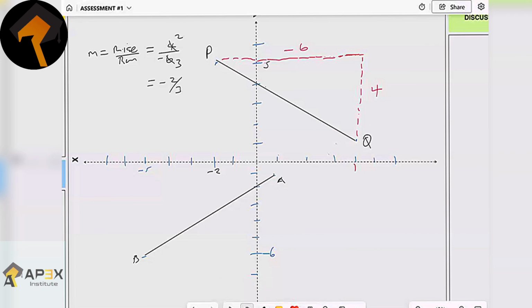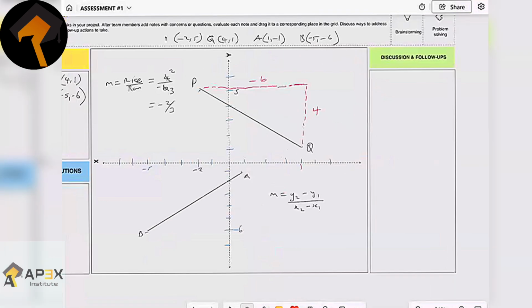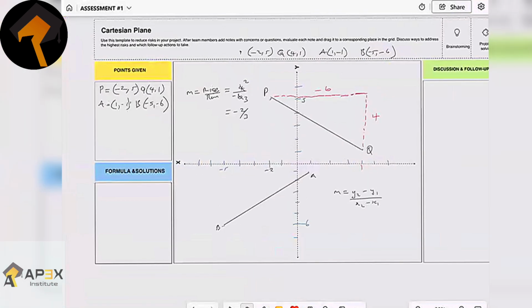All right. So for this one, I'm just going to use the formula here. So the formula then is going to be m is equal to y2 minus y1 over x2 minus x1. All right. And we already know what the points are for that. We're going to label it as x1, y1, x2, y2.